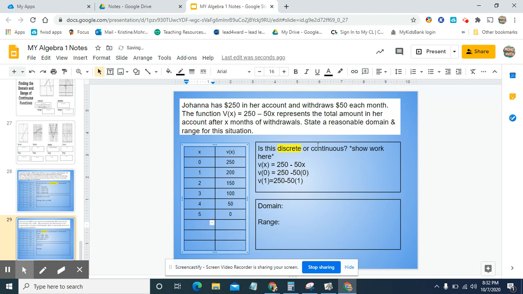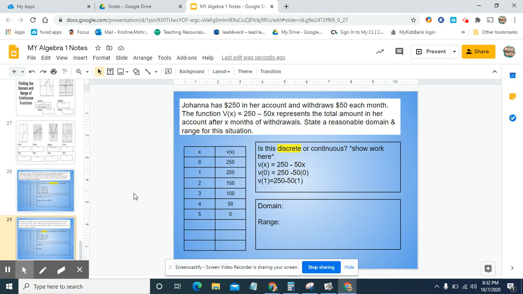So that's where reasonable domain and range comes in, because it's reasonable to assume that after 5 months she is going to have no money left, so she will not be able to continue making these withdrawals every month. It has a hard stopping point here. It cannot go on any further.